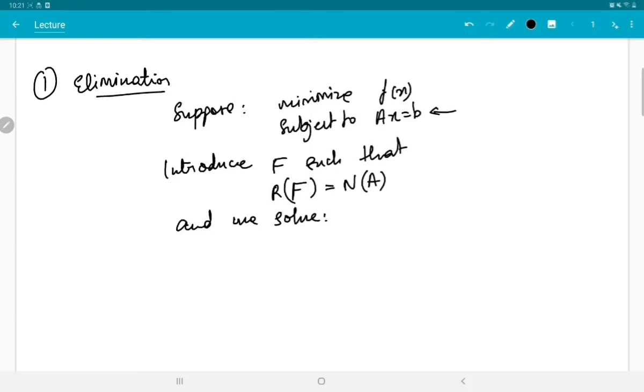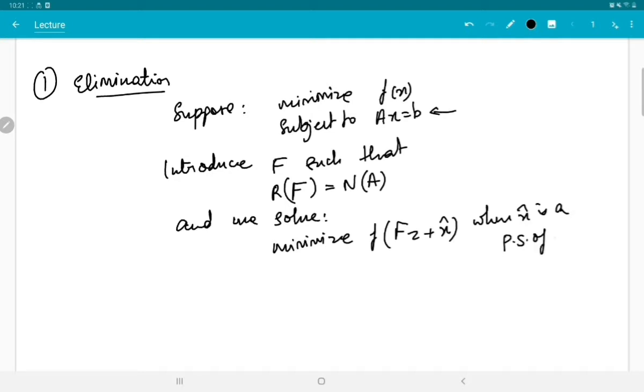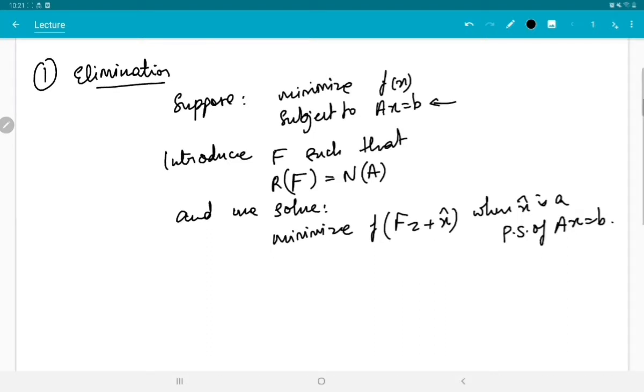The problem we solve is: minimize f(Fz + x hat), where x hat is a particular solution of Ax = b. Now, why does it make sense to do this?